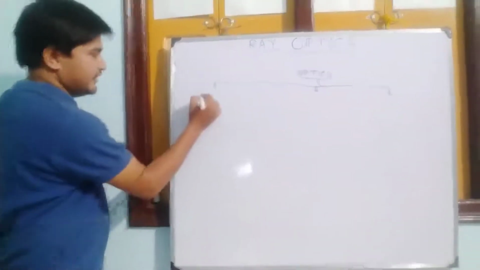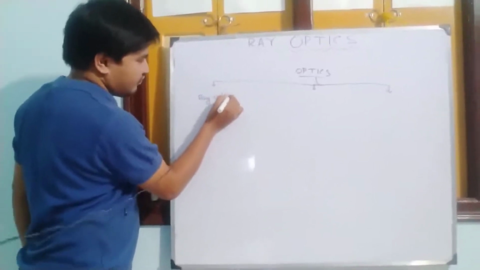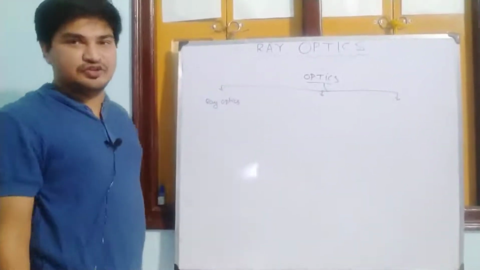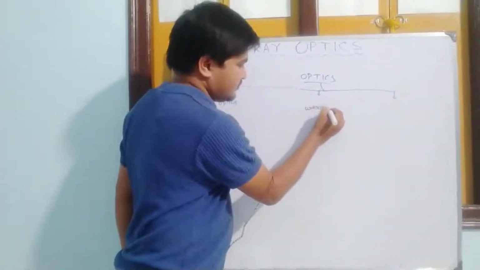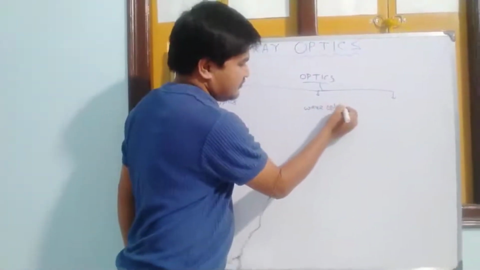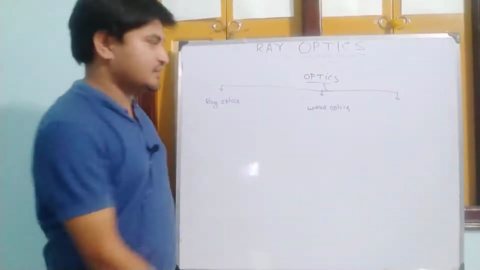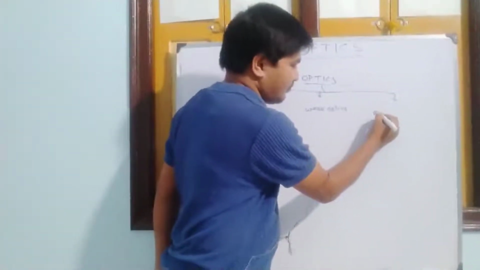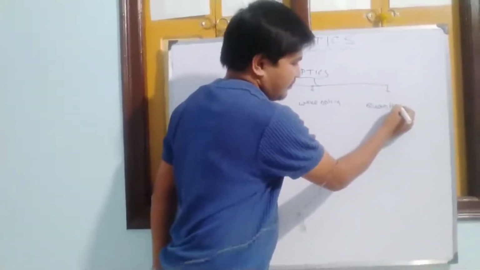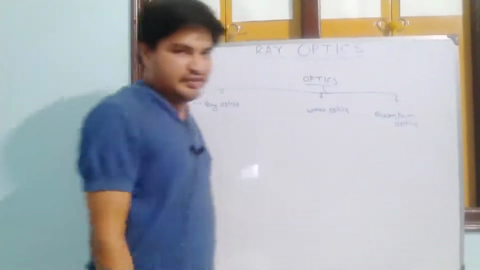First is ray optics or geometrical optics. Second, wave optics or physical optics, and third, quantum optics.